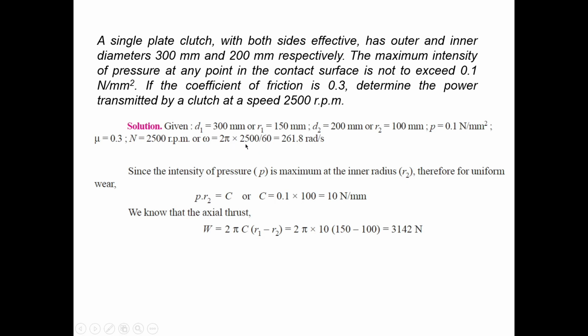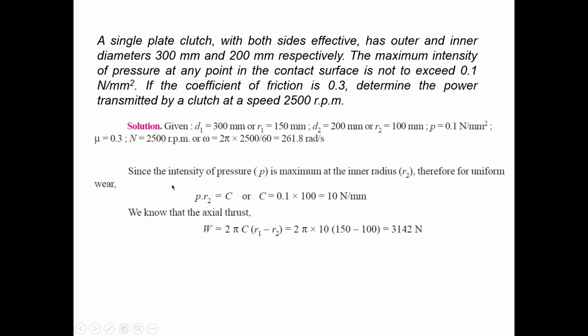So 2 pi into the speed 2500 rpm, so 2 pi 2500 divided by 60. By this way we can convert the speed into angular velocity. By substituting the values we got 261.8 radian per second.